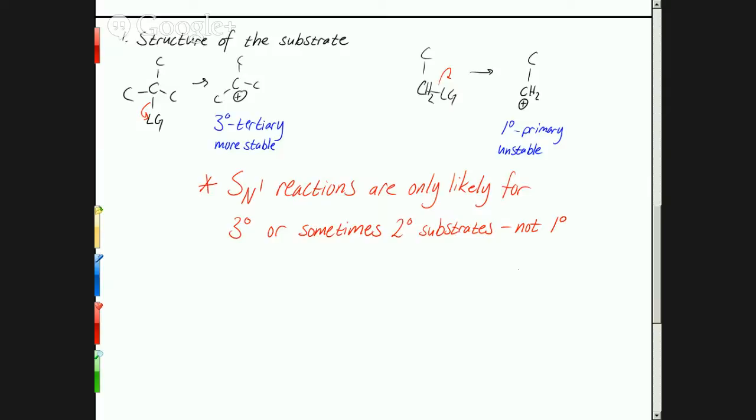Now there are some exceptions here when there's some resonance stabilization and some other stuff. We won't really get into that here. But for our purposes, that gives us a huge rule to follow already.